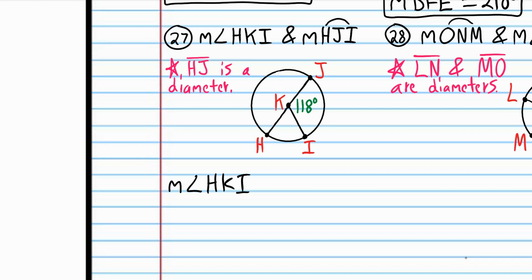I'm sorry. We're looking for this angle, HKI. But because this is a diameter, we know that this whole angle here is 180 degrees, so we can just take 180 and subtract 118. And so the measure of angle HKI is equal to 62 degrees.